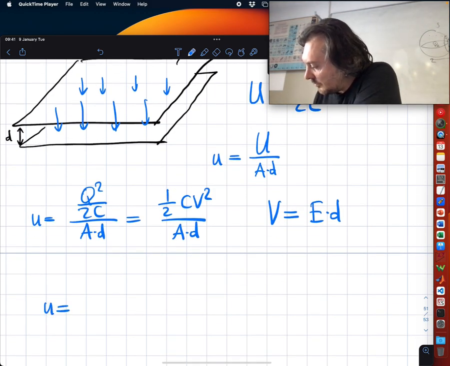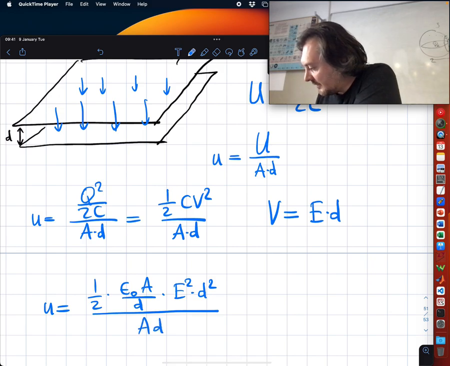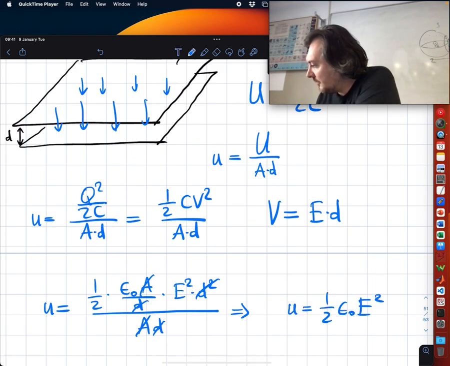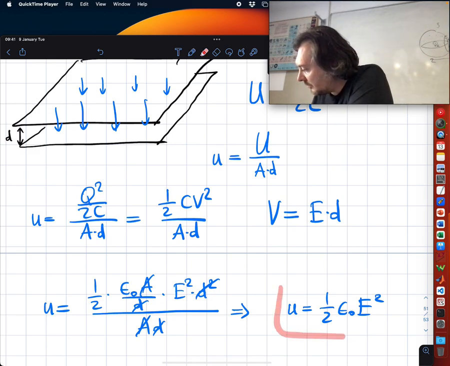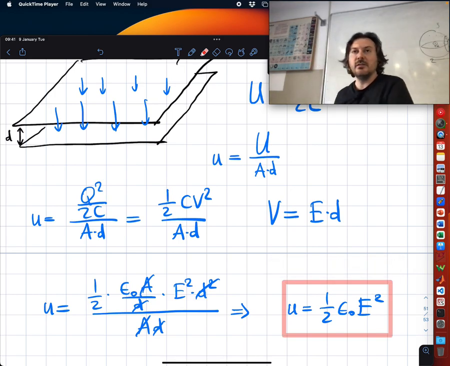Then I'm going to put it in. So I have 1/2 times, let me also use this formula, epsilon 0 A over D. You see I'm doing this juggling of formulas, nothing else. So A goes away, D's go away, and I arrive at a very elegant formula which just gives me the energy density that I would have in an electric field.